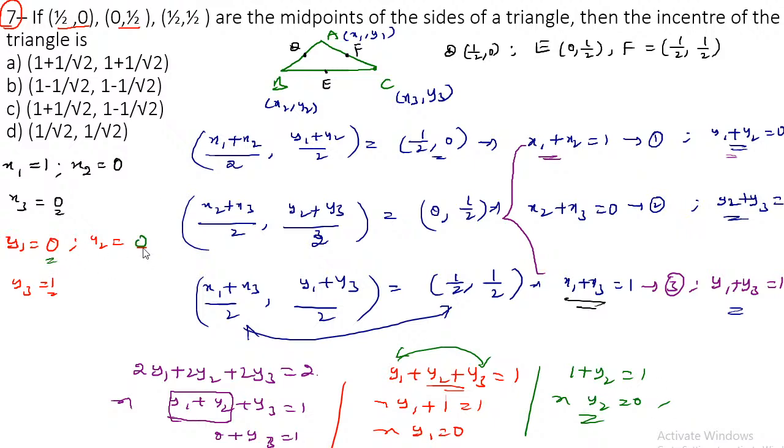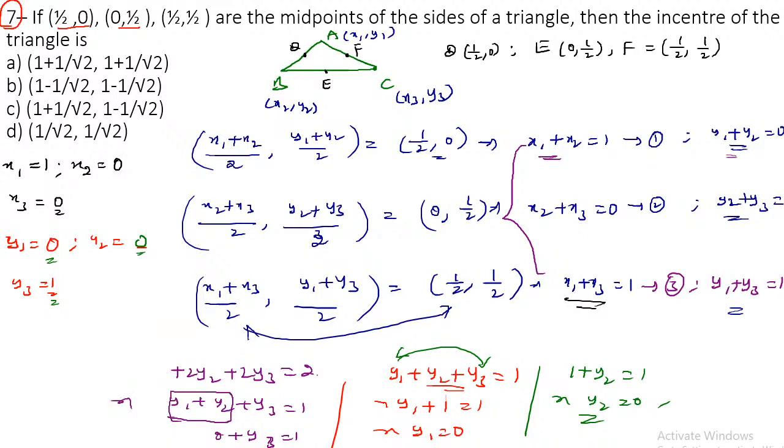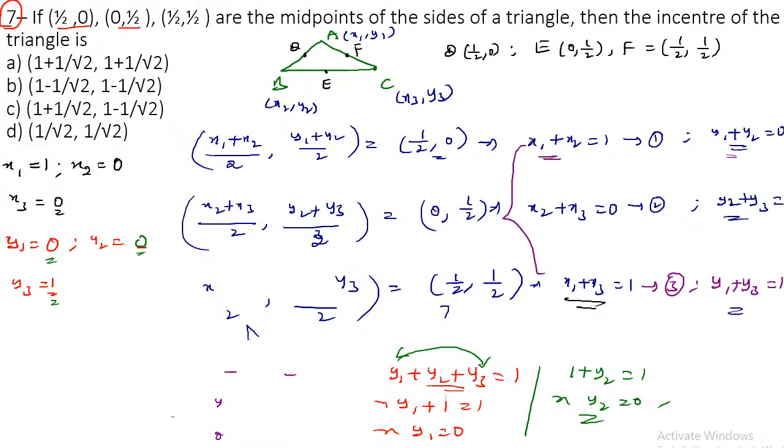So y1 is 0, y2 is 0 and y3 is 1. So we have now found the x coordinates and y coordinates of the vertices of the given triangle.